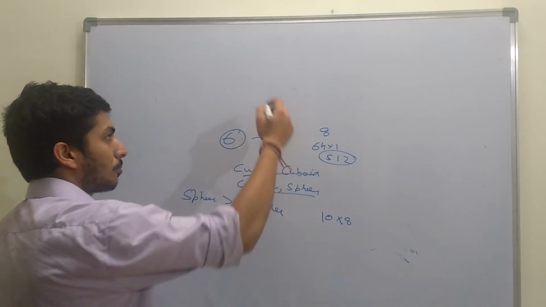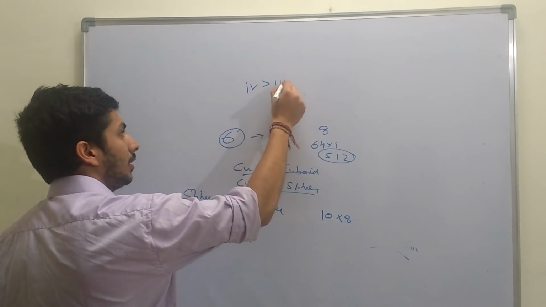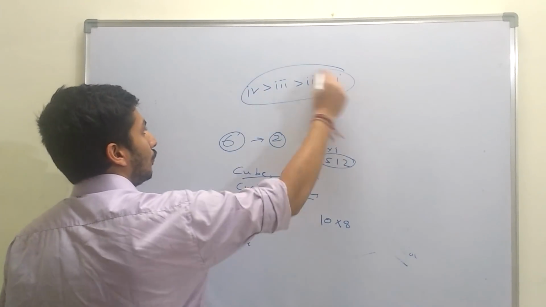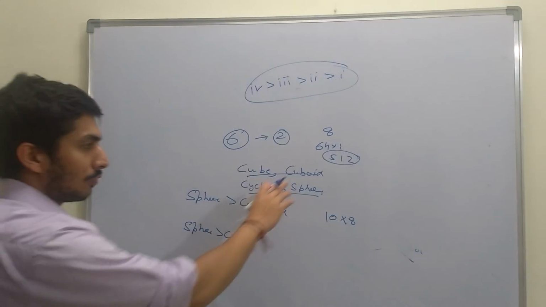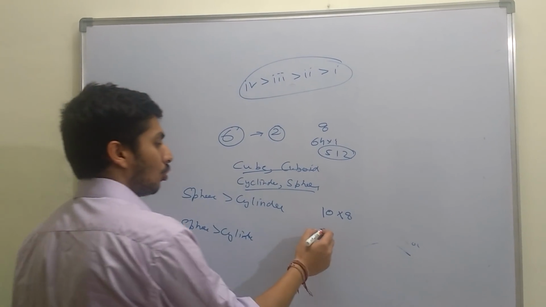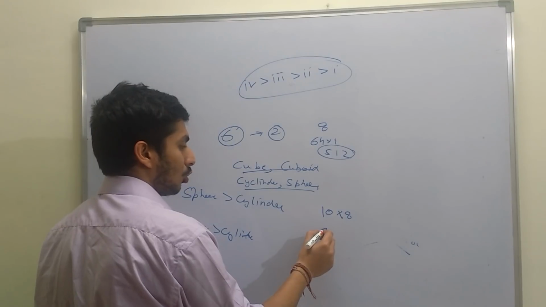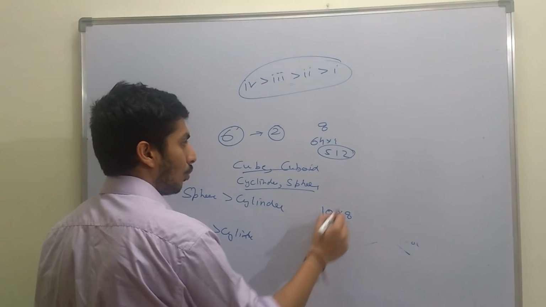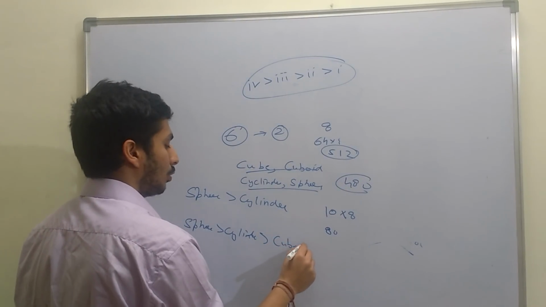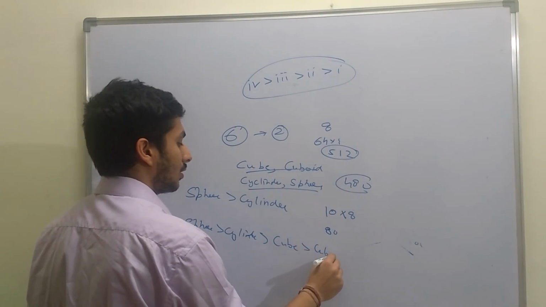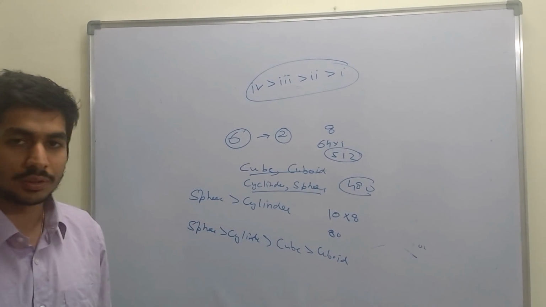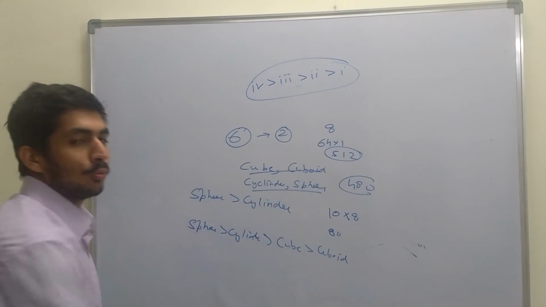I think the option was 4, 3, 2, 1. This was the answer for the volume: 4, 3, 2, 1. I'm not sure what were the dimensions given for the cuboid. I think it was 10, 8 and 6. So if we go by that, 10, 8 and 6, that comes out to be 80 into 6, that is 480. Yeah, so it was then cube, that is 512, and then cuboid, the last with 480 centimeter cube. So these were the answers: sphere, cylinder, cube and cuboid, right?